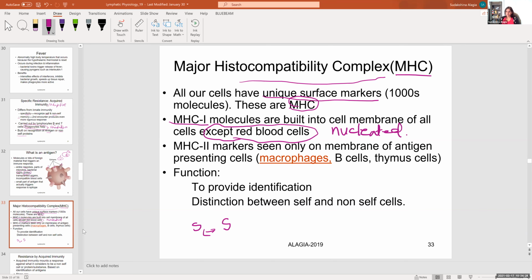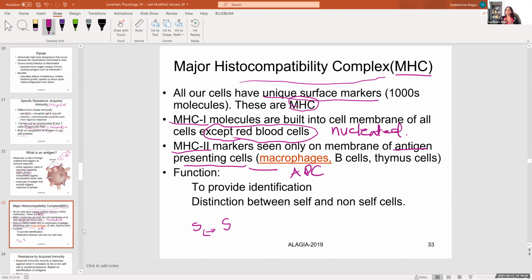So MHC1 is on all nucleated cells. MHC2 markers are on the membrane of cells that we call antigen presenting cells, written as APC. The name tells you what they do.